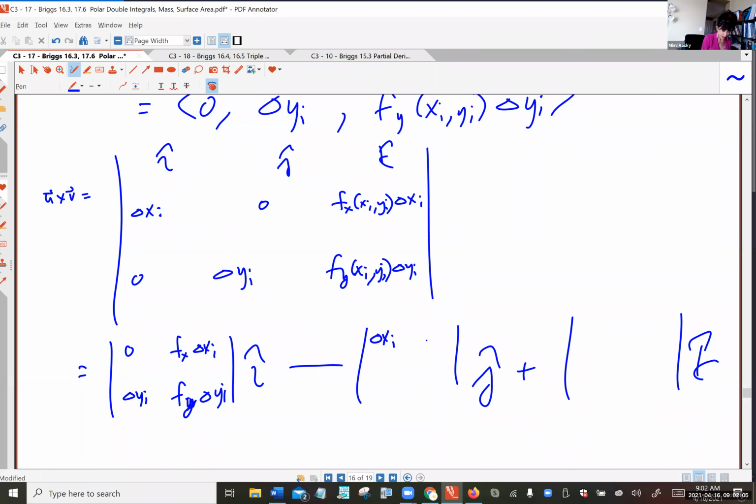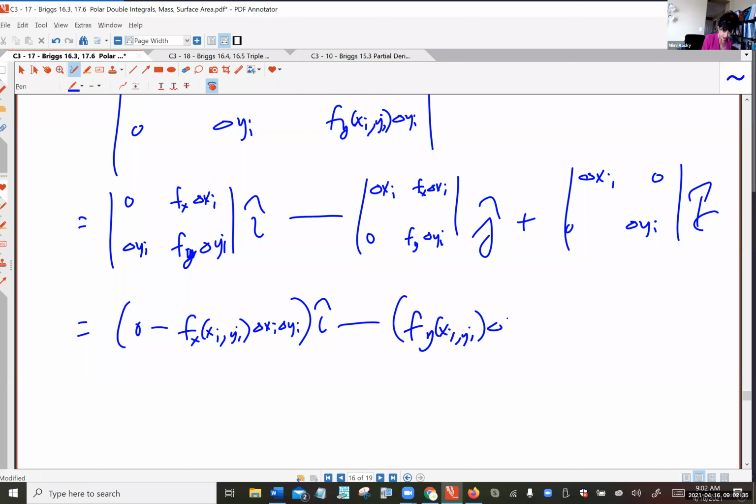This is delta x sub I, fx, delta x sub I, 0, fy, delta y sub I. Here is going to be delta x sub I, 0, 0, delta y sub I. Okay, and then when you do the determinant methods here, this is going to be 0 minus the partial times delta x sub I, delta y sub I, times your i hat, minus, and then this one is going to be the first partial with respect to y times delta x sub I, delta y sub I, j hat, plus, and then the k hat is just going to have delta x sub I, delta y sub I for the factor in front of it.